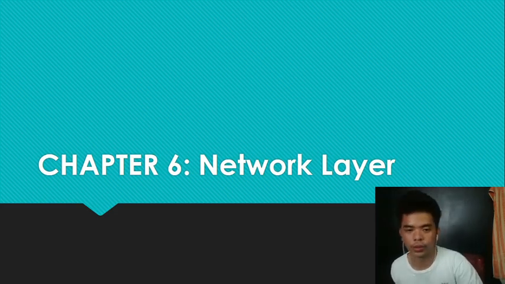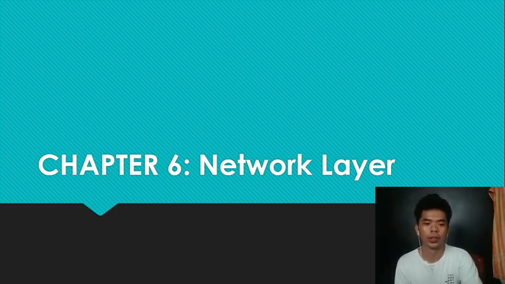LAN and WAN interfaces are also shown in the figure.